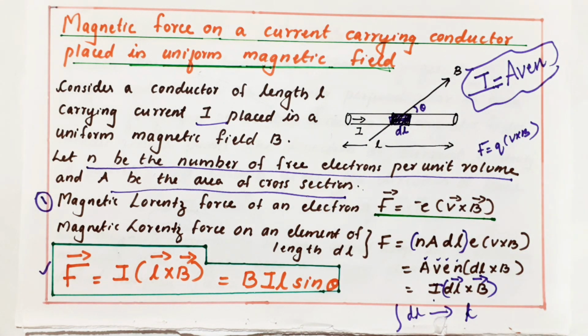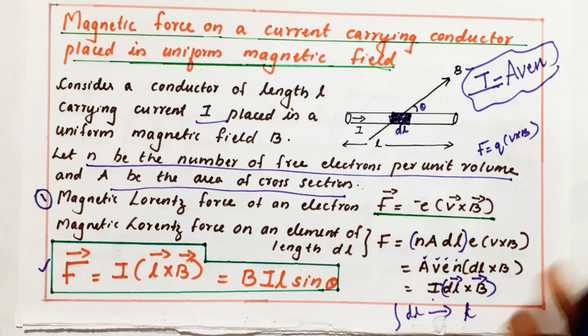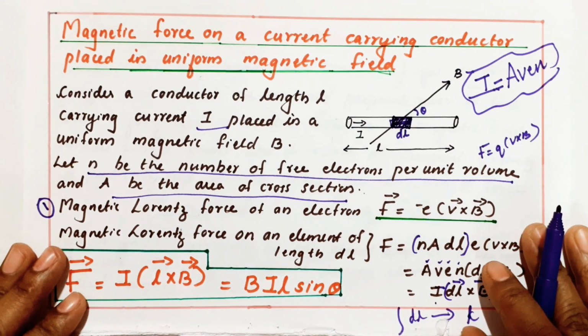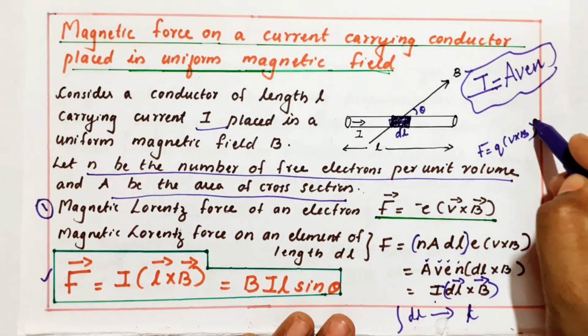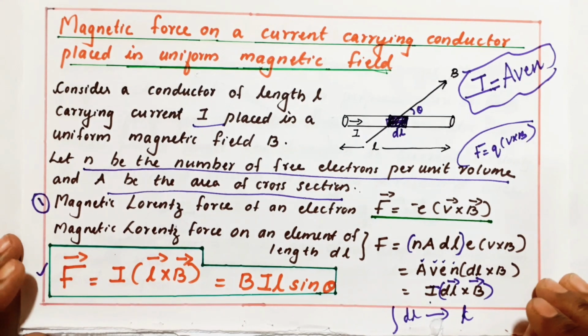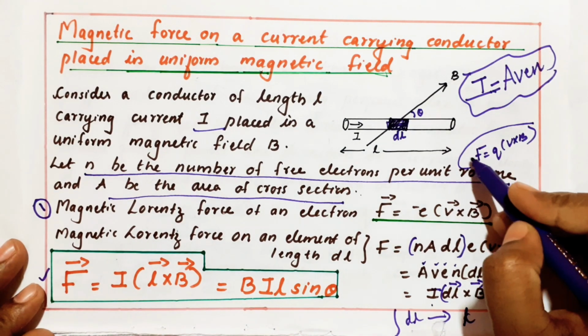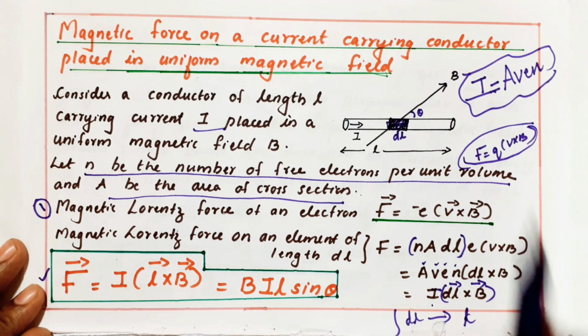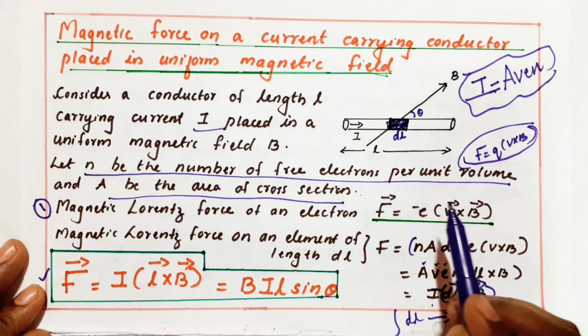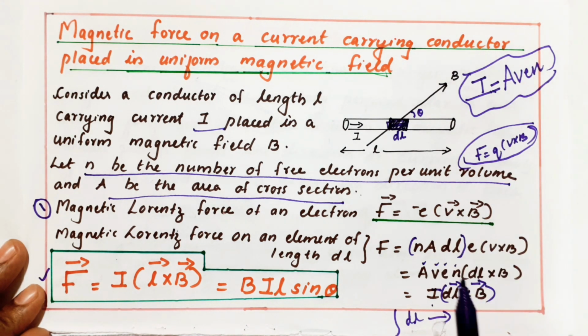For this also I have a shortcut to remember: Bil sin theta. So the force I can call as Bil sin theta. Remember, in the last video I told you the equation F is equal to Q into V cross B, which is nothing but the force experienced on a charged particle.